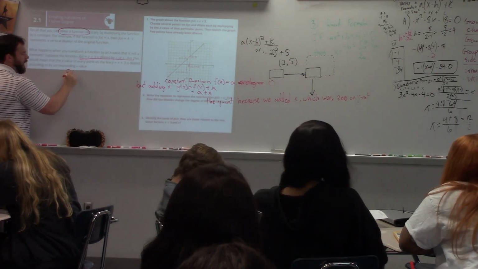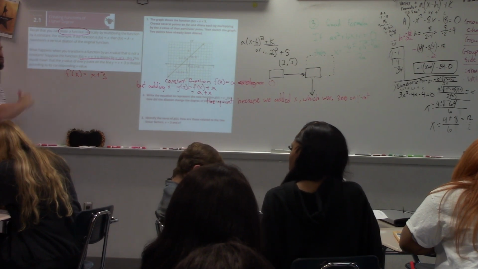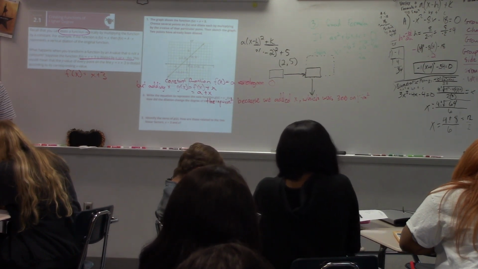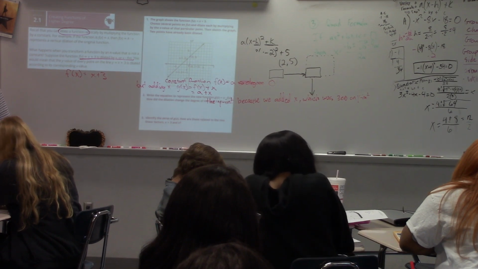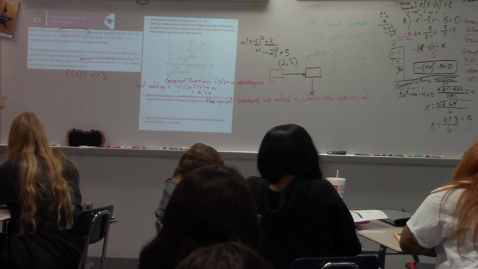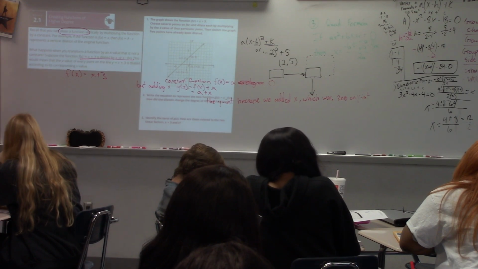So if I have f of x equal to x plus 3, what degree is that? First degree. What type of shape would we see on a graph? Straight line. You can just say linear, right? A linear function. And what are we doing to f of x according to these instructions right here?